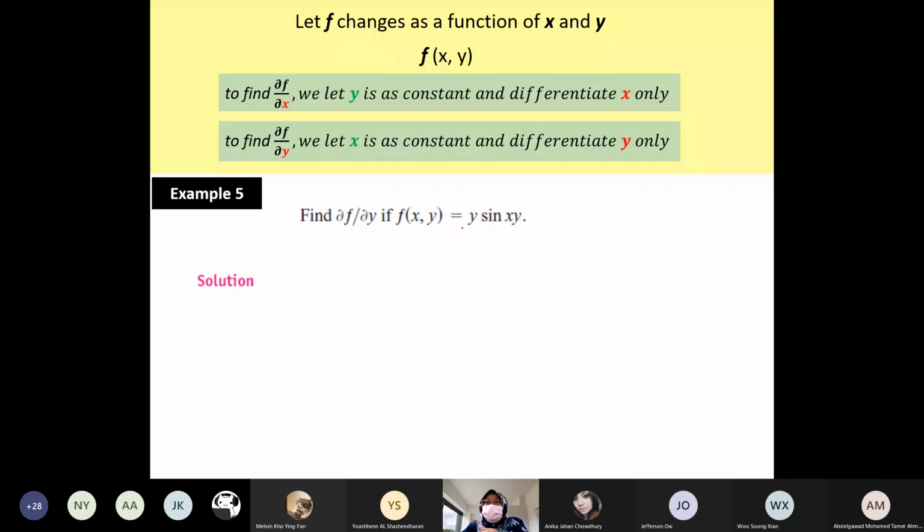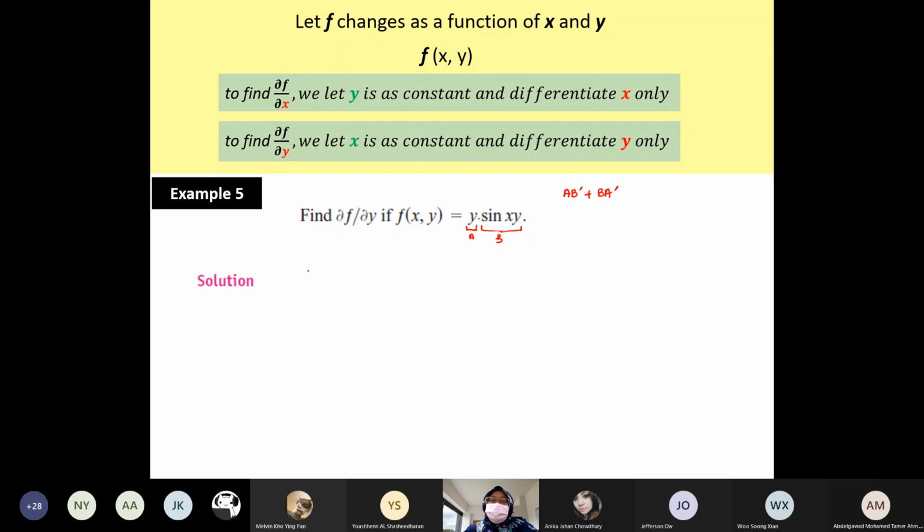So by looking at here, you can note that this is your A, and this is your B. Remember that this one is multiplication. So if multiplication, you may use this one: A B prime plus B A prime.